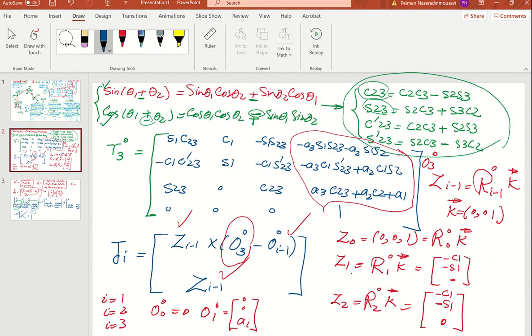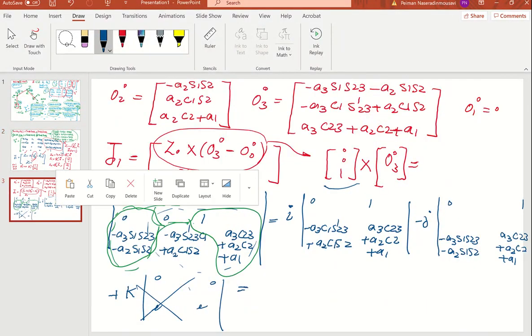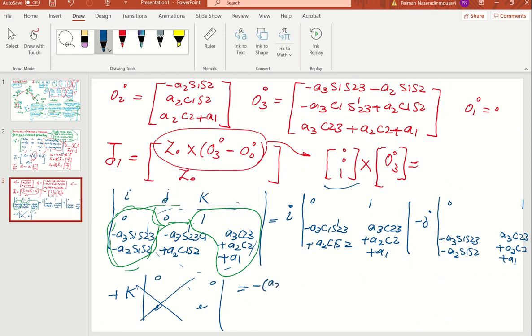I want to make sure. Yeah, everything is right. This is going to be minus a2 cosine 1 sine 2 minus a3 cosine 1 sine 23 in I. That's right.